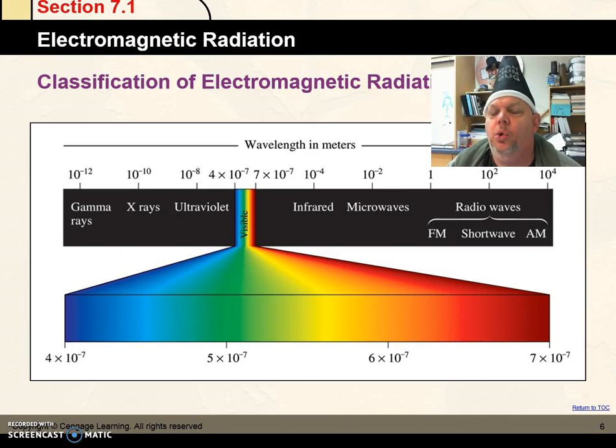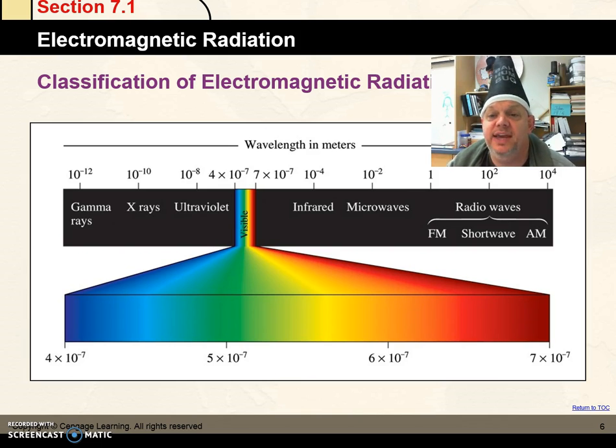It's not the whole thing. Electromagnetic radiation covers a lot of things out there. If you look on the diagram here, you'll notice that what we see as the rainbow, the visible wavelength, is a very tiny part of the electromagnetic radiation spectrum.